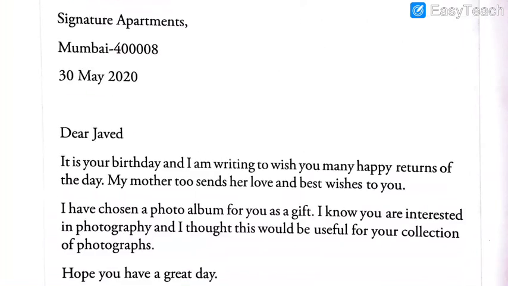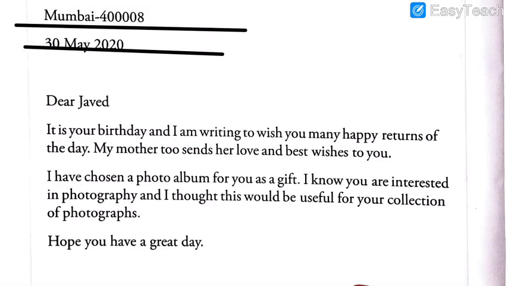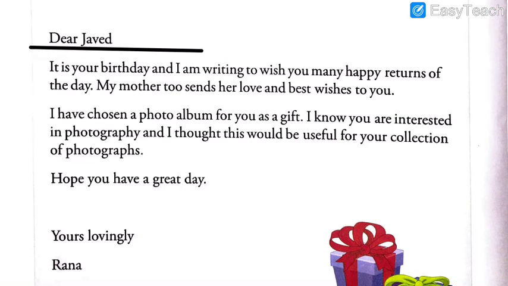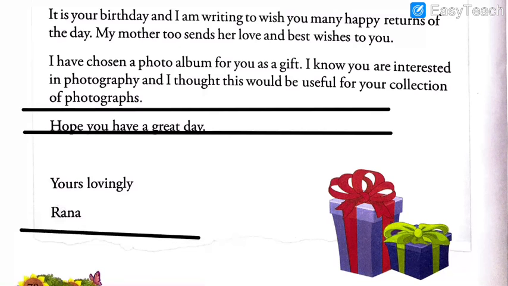As you can see on the screen, I discussed with you that first the receiver's address should come, then date, then after leaving a line, salutation, main message, then complimentary closure. I even gave you the format. I hope that the format you have noted down in your books.